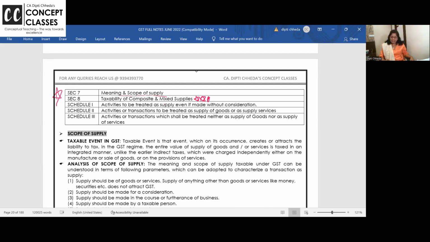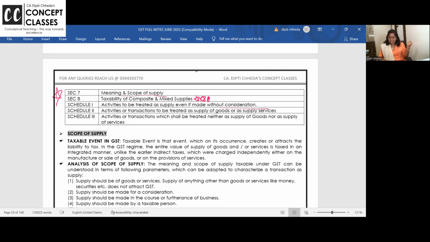Schedule 1 are activities to be treated as supply even if made without consideration. Sometimes even if no money is coming, still it is supply; GST will be charged. Schedule 2 are activities or transactions to be treated as supply of goods or services. Okay ma'am, this is supply, all ingredients of supply, but is it goods or service?